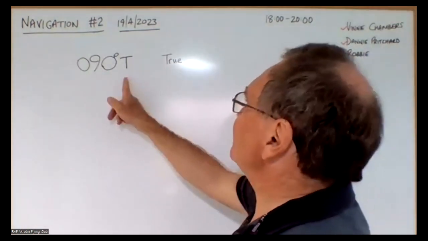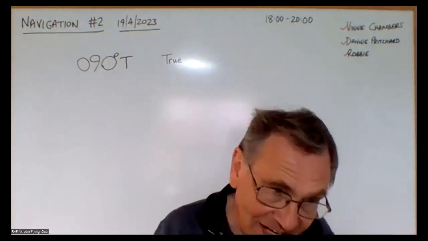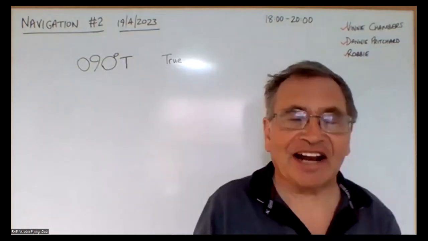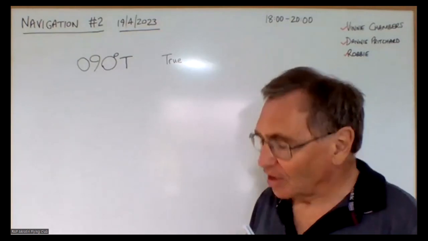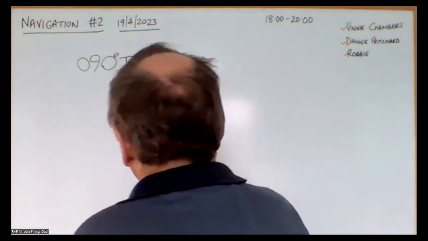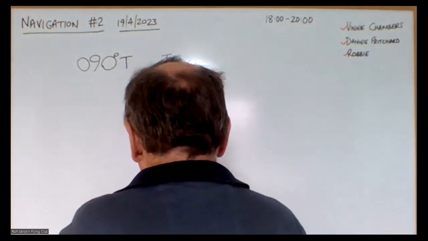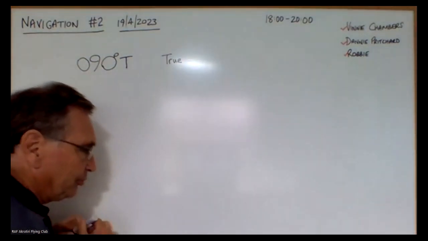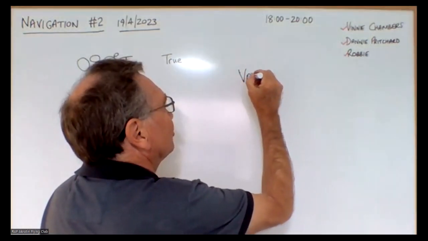So 090 degrees true means I would be heading east on the chart following an exact line of latitude. But we've already said that because the magnetic North Pole doesn't align with the true North Pole, it's going to be something different. And we call this difference variation.